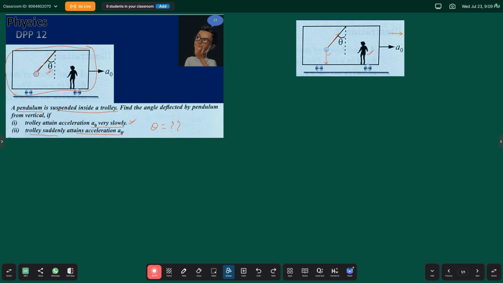And since the bob is being observed from the trolley, there is also a pseudo force. Mass of the bob is m, so the pseudo force will be m a naught. This will be your mg. This will be your tension force.